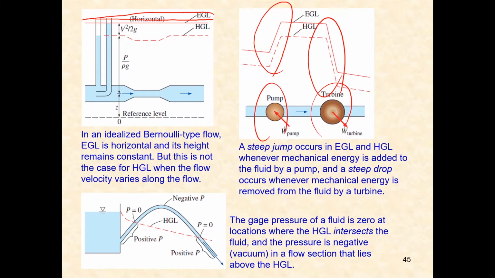Okay, and here we have the gauge pressure, which is 0, where the HGL intersects with the fluid, meaning that the static gauge pressure here is 0, which is similar to P atm. And then all the pressure above the HGL will give you negative pressure. That means that it is vacuum.